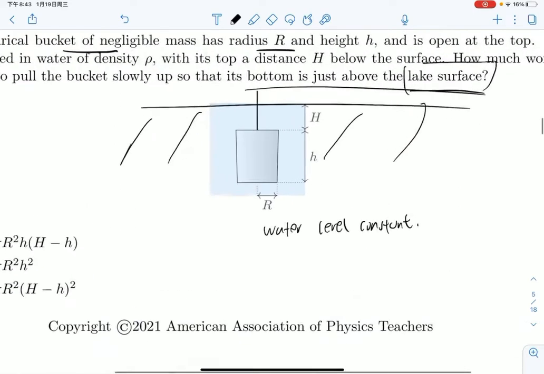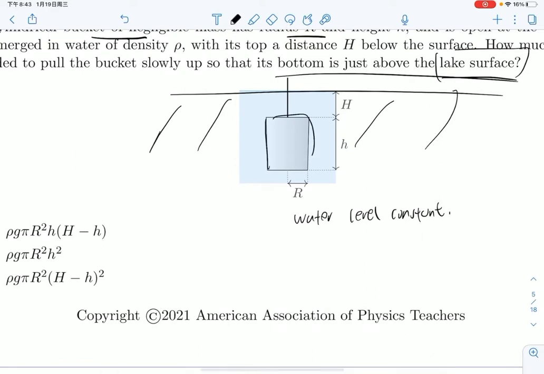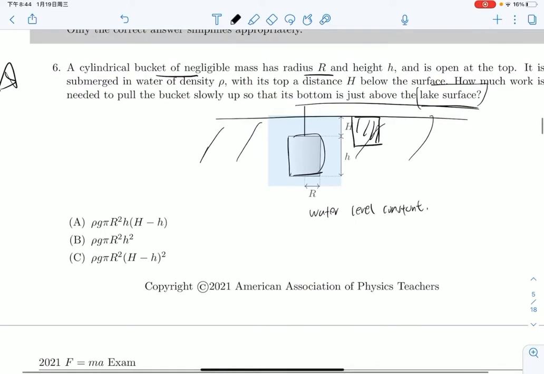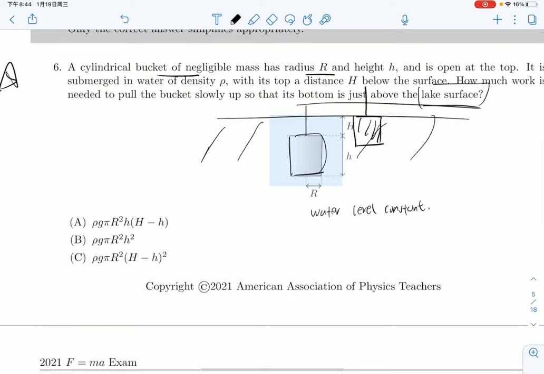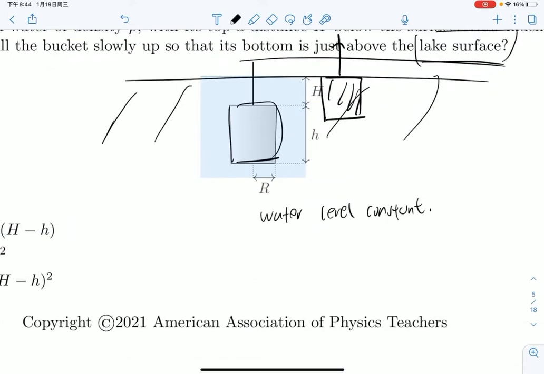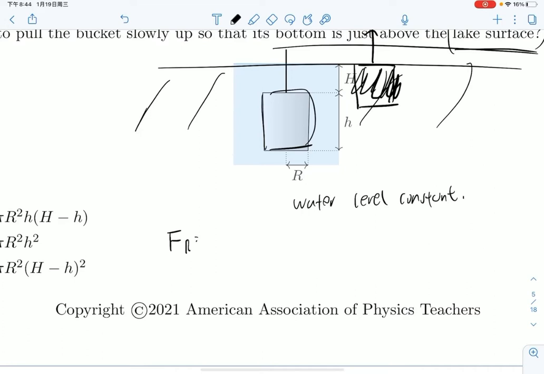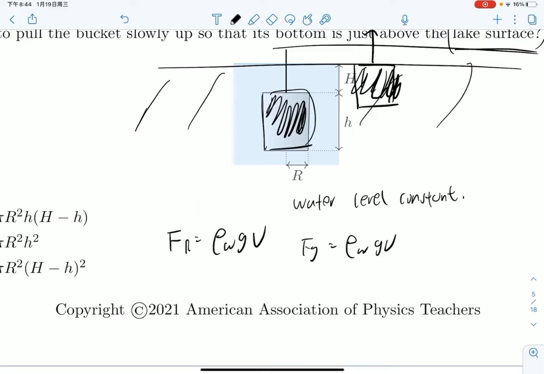Now, when we lift this bucket from here to the surface, the total force felt by the bucket is basically 0. Why? Because the forces balance each other out. F buoyancy is equal to rho water g V, and Fg, which is the water inside the bucket, is also equal to rho water g V, so they cancel each other out.